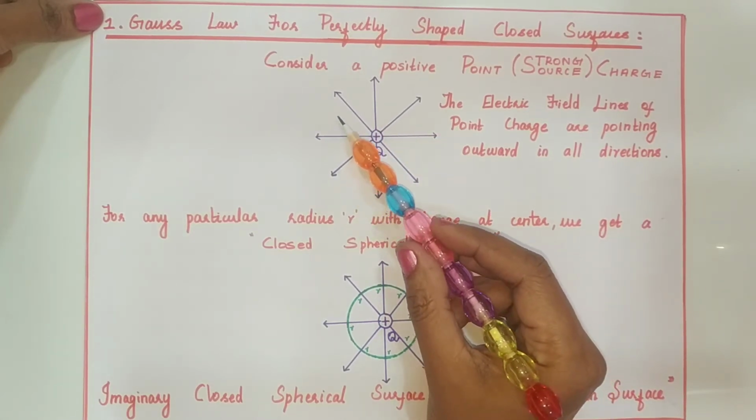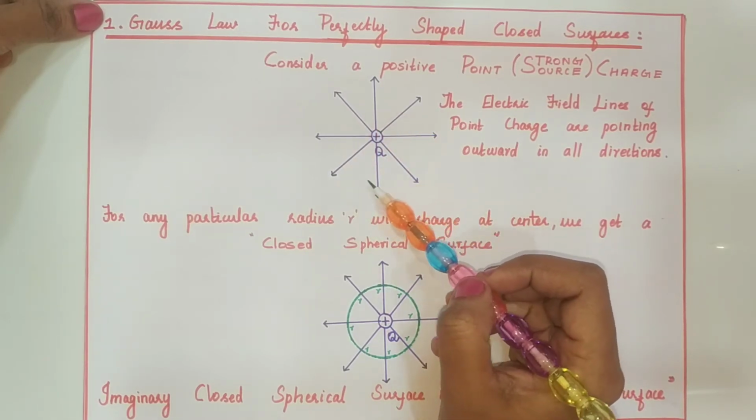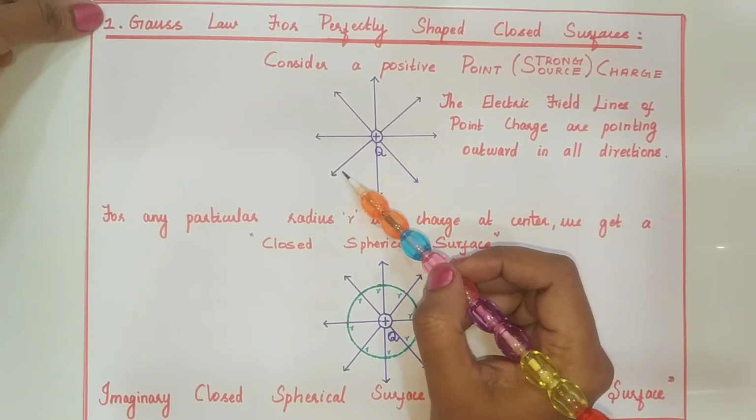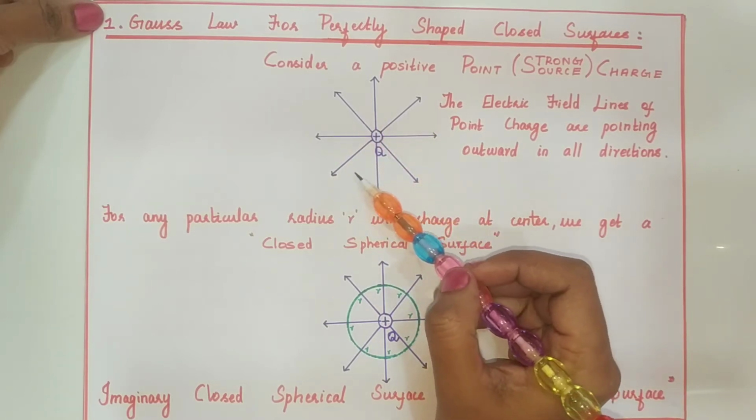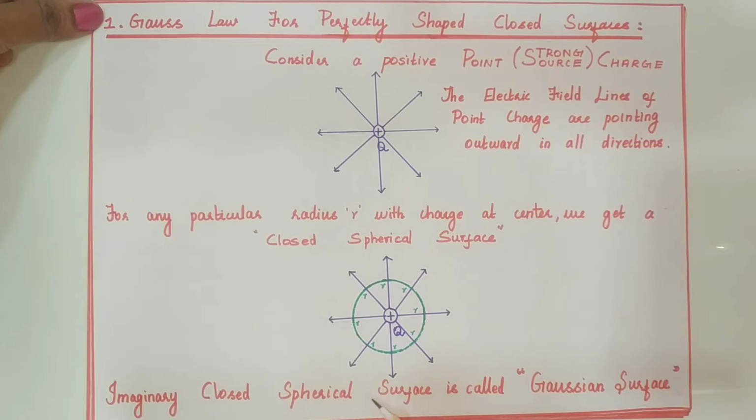For the radius to be equal on all the sides, we get a sphere, and the sphere is a closed spherical surface. And this imaginary closed spherical surface for a particular radius r for a point charge is called a Gaussian surface.